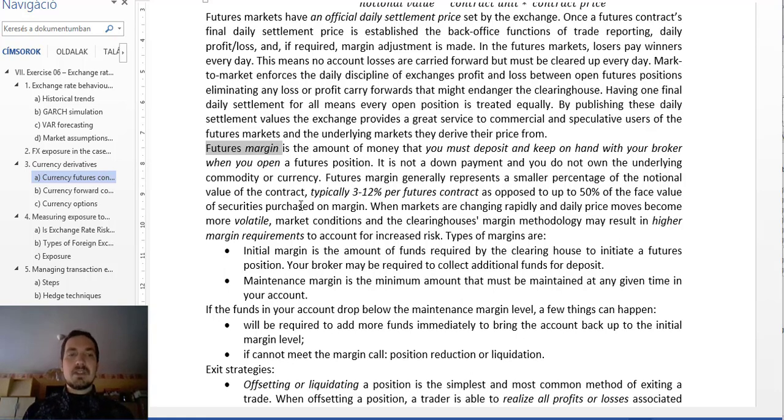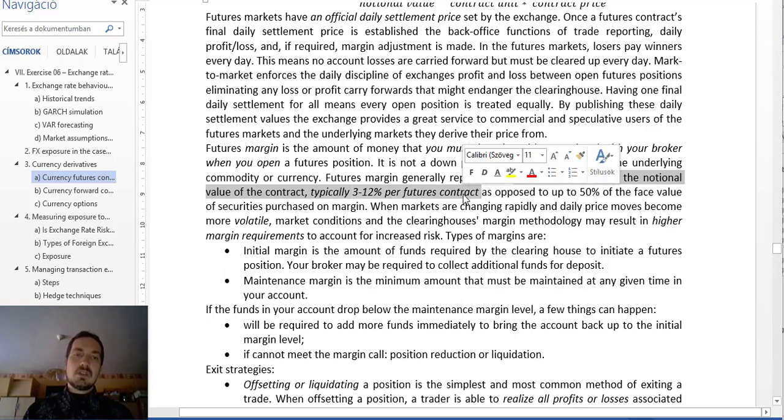But as a reason, when we are initiating the position, we have to have the initial margin. So it means that some percentage of the contract should be accounted on this deposit. It can change completely how much percentage should be there, but it can be 3 to 12% of the future contract, or sometimes even half of the face value, to initiate the position.